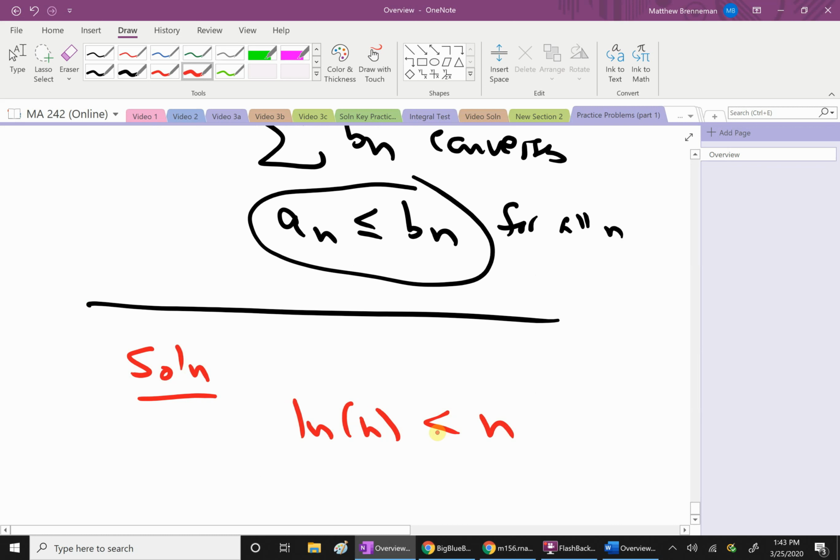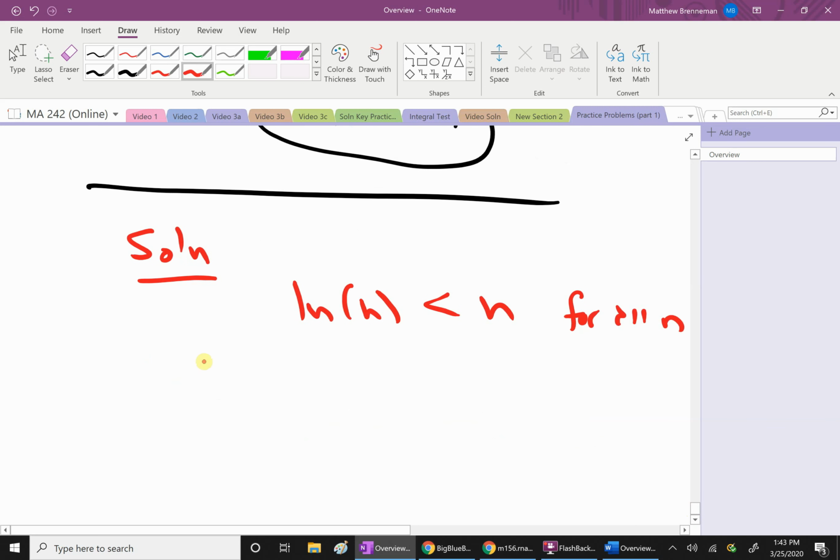This is not a statement about asymptotic growth. This is an algebraic inequality, true for all n. So I can replace the natural log of n by n. Let me be super explicit here. This is my a_n, n squared natural log of n over 2 to the n.